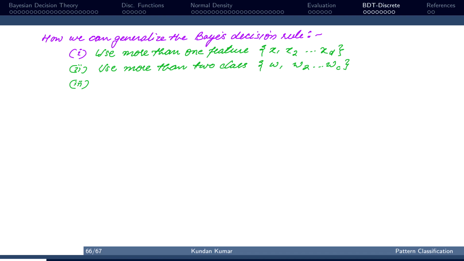We can take some action, not only decide the class. So we can make the actions alpha 1, alpha 2 and alpha a.